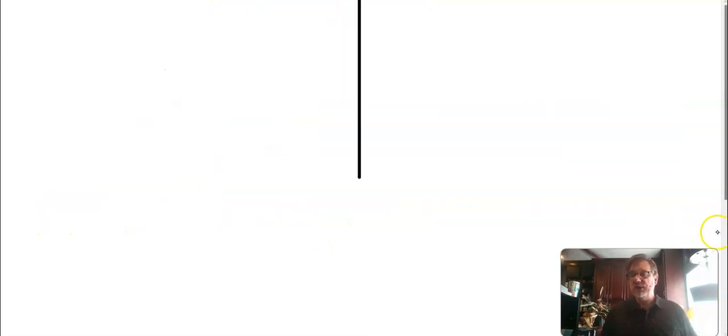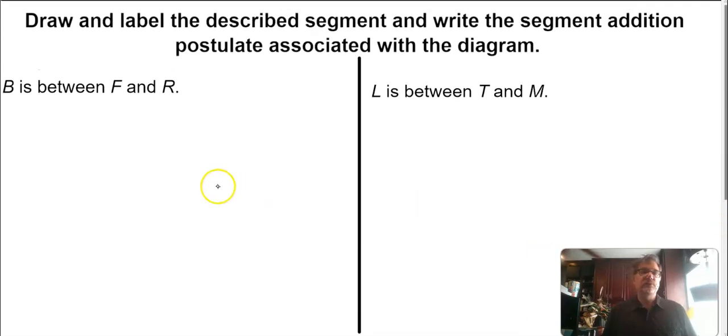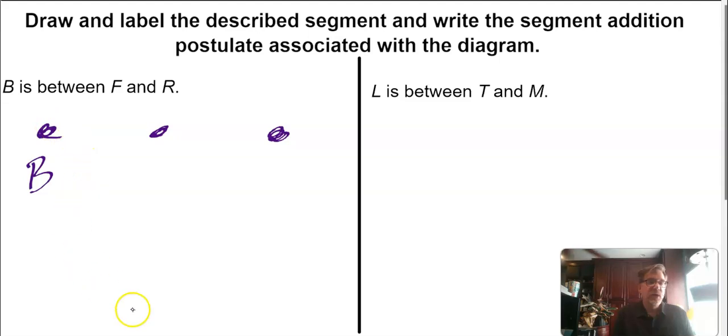All right, so I now want you to do it without a picture. So let's draw and label the described segment, and then let's write the segment addition postulate associated with it. B is between F and R, so I need to make 3 points. B is between F and R. So B goes there.